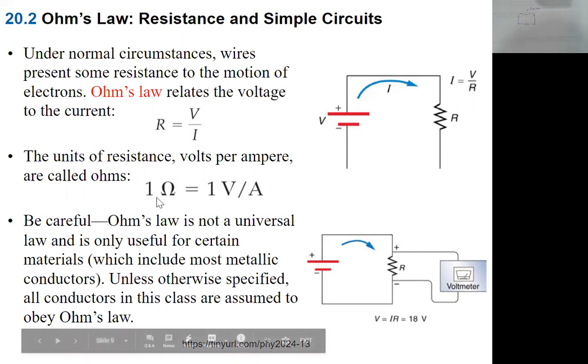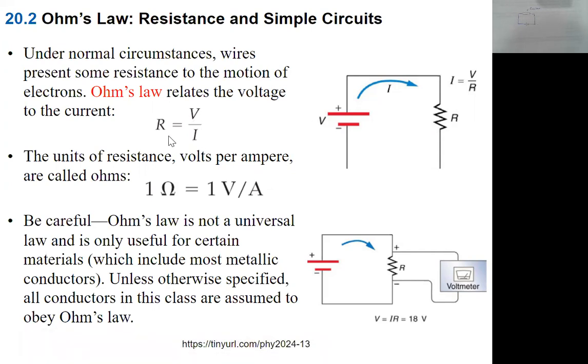This is one way of writing Ohm's law: R equals V divided by I. Or you can write I equals V divided by R. That tells you that current depends on the voltage you apply across the conductor and its resistance. Resistance is in units of ohms, which is voltage over amps, so 1 V over A is equivalent to ohms. That's basically Ohm's law, which gives the relationship between V, I and R.